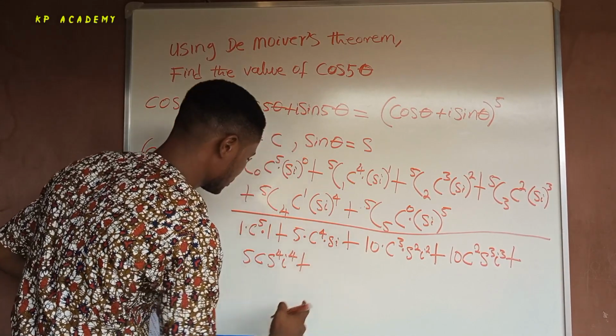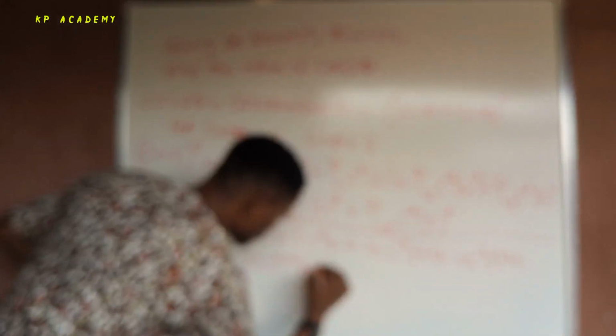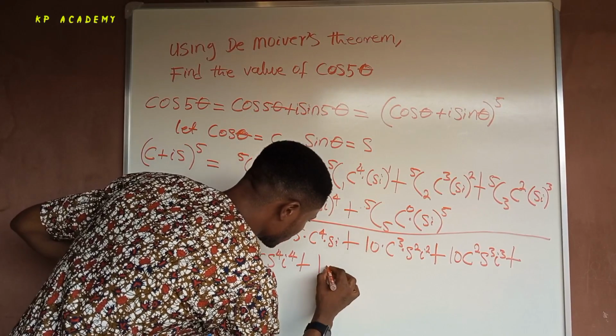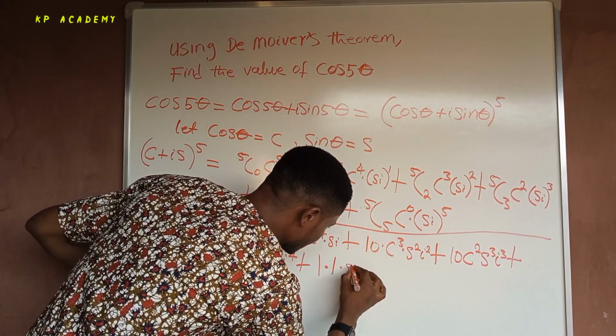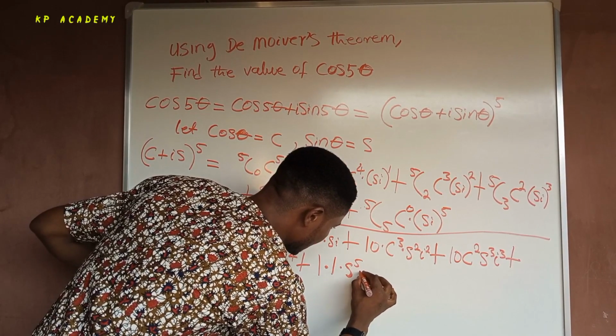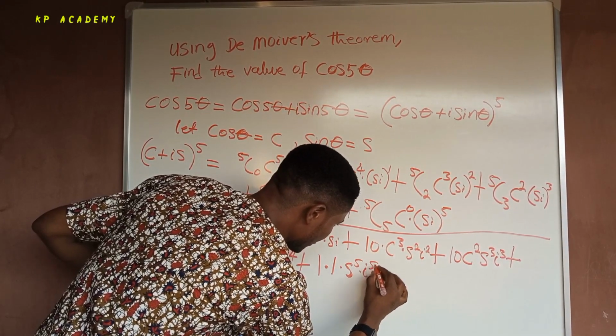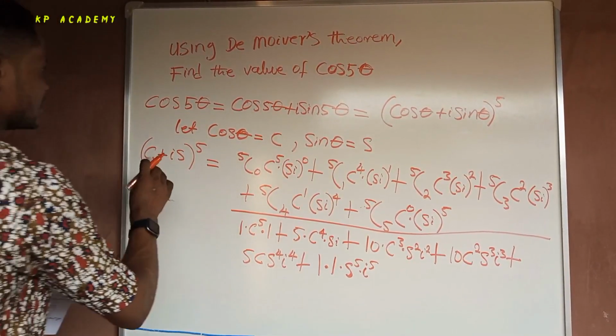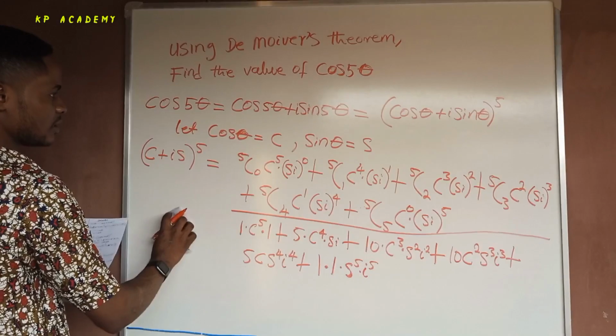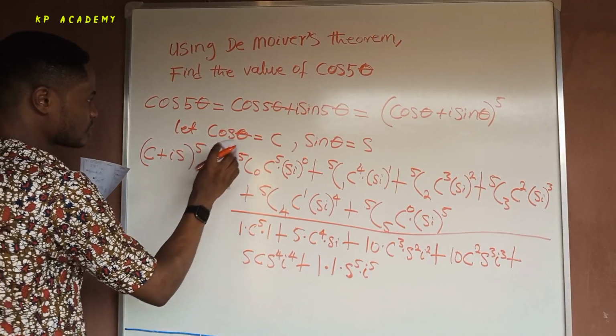Then finally plus 5 combination 5 is 1, times C to the power 0, which is 1, times (iX) to the power 5, which is X to the power 5 times i to the power 5. Please do well to take the notes. I'll be cleaning the upper part of this.